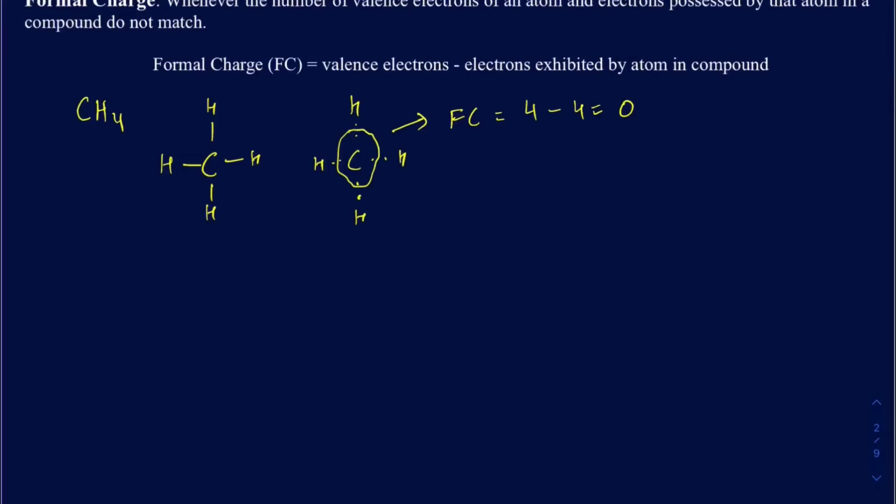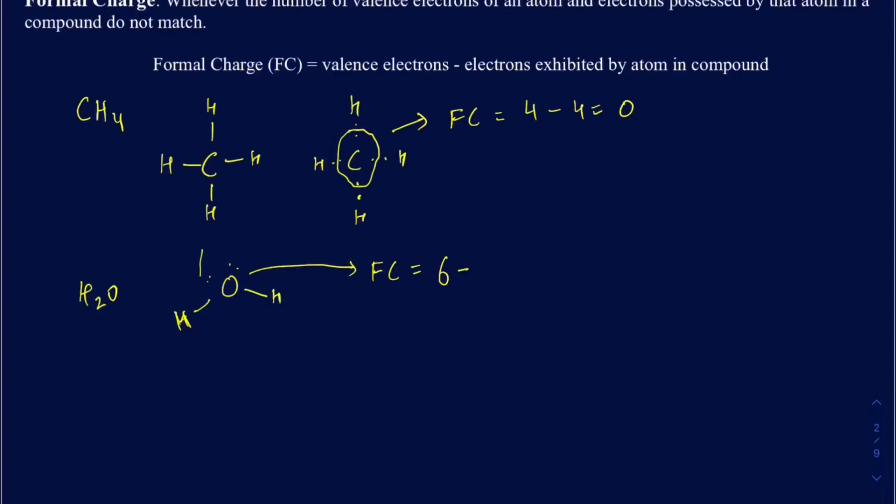Let's look at another example, water. Remember, the water molecule looks like this, and we're trying to figure out the formal charge on this oxygen. The valence electrons in oxygen is 6, coming from the periodic table. Now, how many electrons does this oxygen atom contain in this compound?